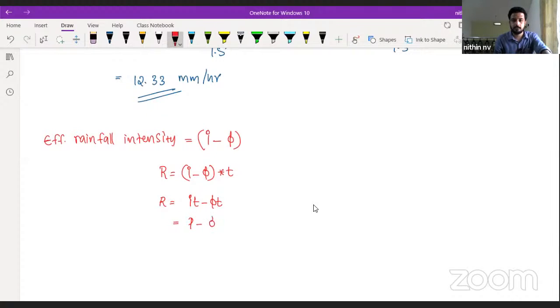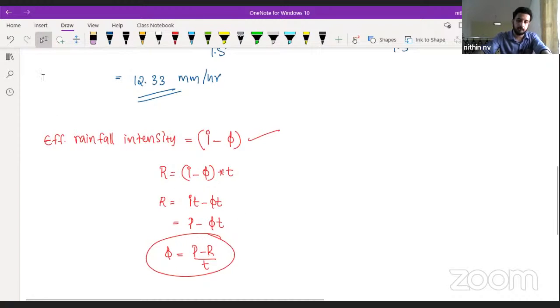So P minus phi into T. So what you are getting, phi is equal to P minus R divided by T, phi or W, whatever, for a uniform rainfall. So this point also you can simply keep in mind. Maybe if they are asking which of the following relationships is true, if effective rainfall intensity is equal to I minus phi, you can select it.